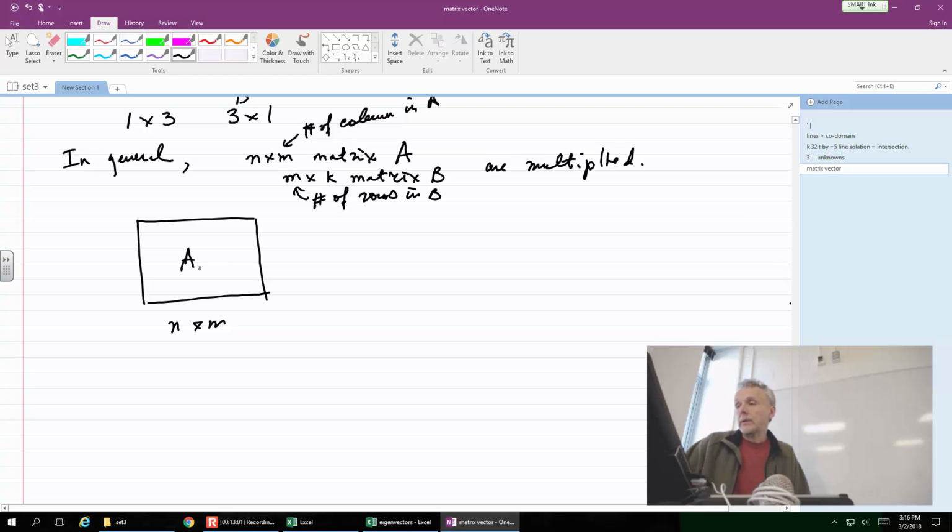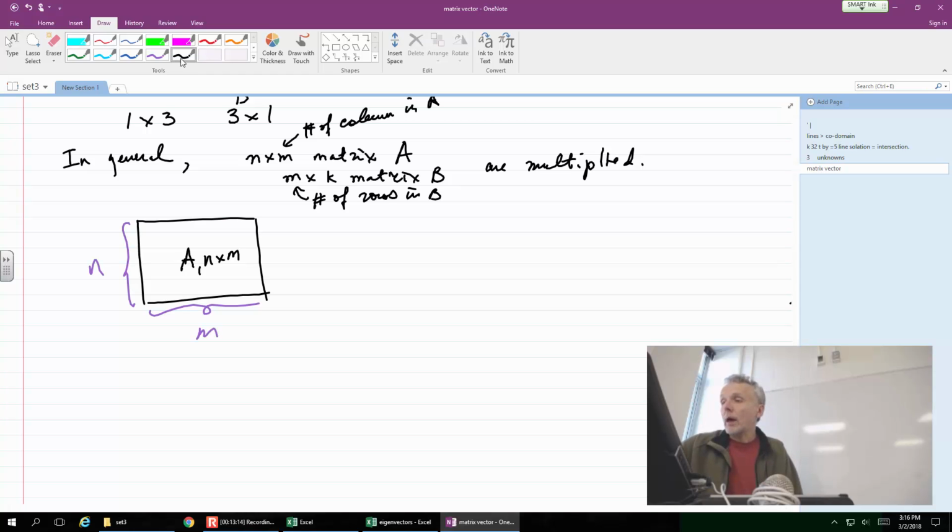So what does it mean? It means that we have n rows. This is n, and this is m. Now we match it up with B, and they don't fit together well. In fact, rows match columns, so that's not exactly easy to see, but as you can see, this is m.